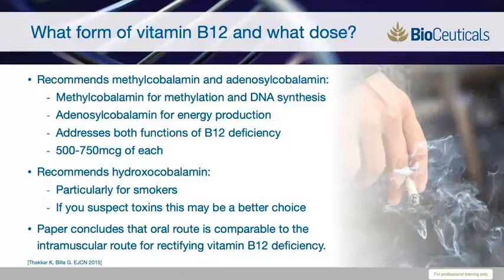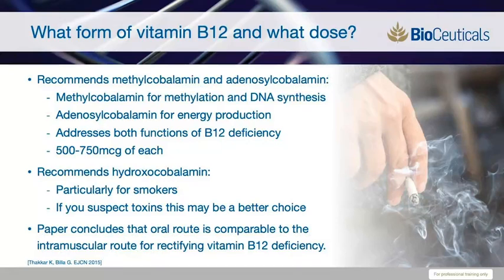So there is actually a paper. With the folates, really we're talking about absorption and theories and trying to understand what may be the best form of folate. But in relation to B12, we actually have a paper that has looked at the best type of B12. And what it suggests is that if someone is B12 deficient, methylcobalamin and adenosylcobalamin at 500 to 750 micrograms really is the best way to address B12 deficiency, and it's addressing both functions, adenosyl with the mitochondria and the energy, methyl with the methylation cycle.